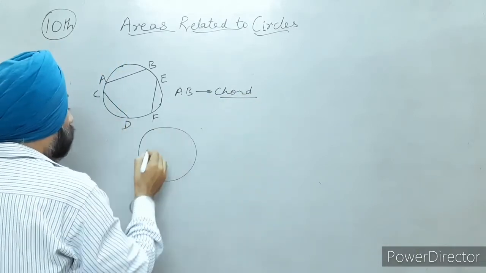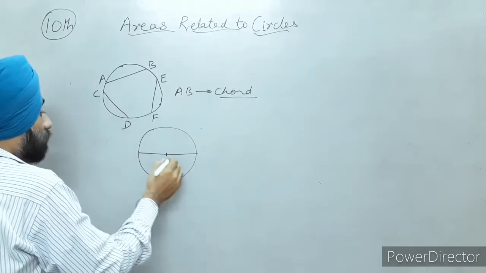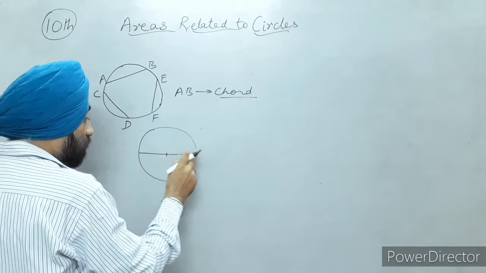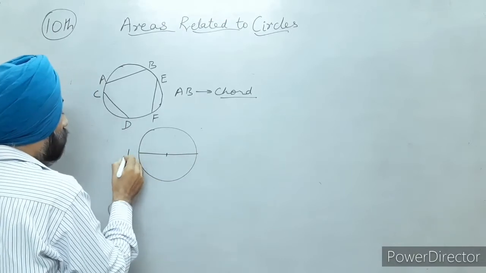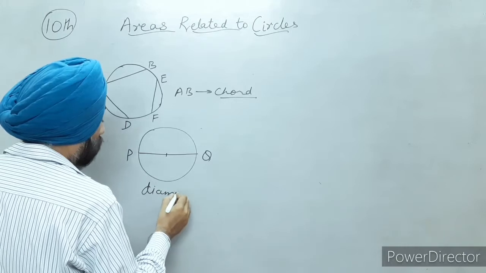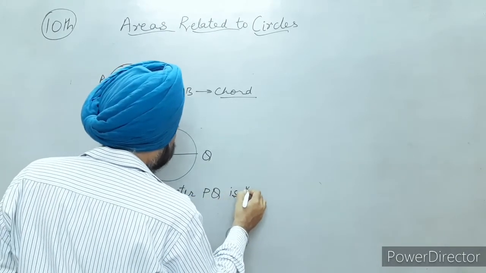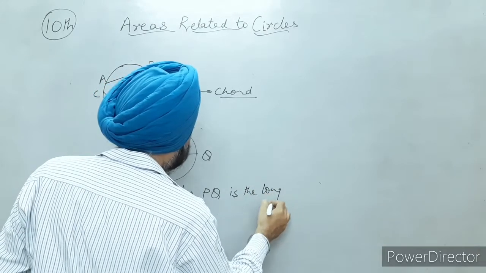And mind it, the diameter is the longest chord. This is the diameter which passes through the center. Here it is say P and Q. Diameter PQ is the longest chord.